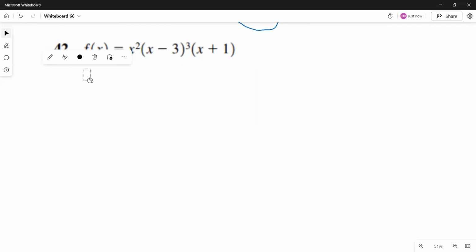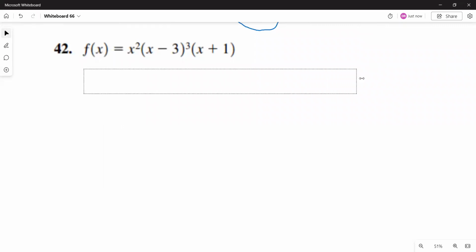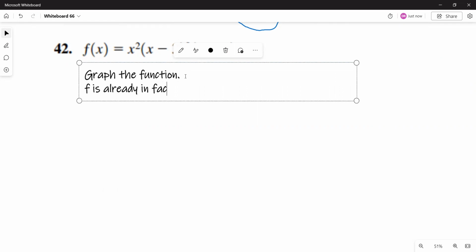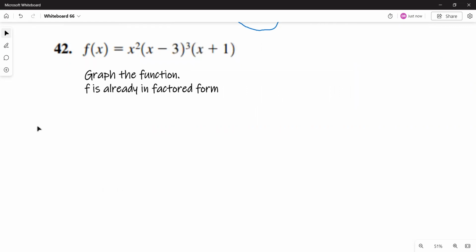Okay, so we're going to graph the function. So it's nice that f is already in factor form.